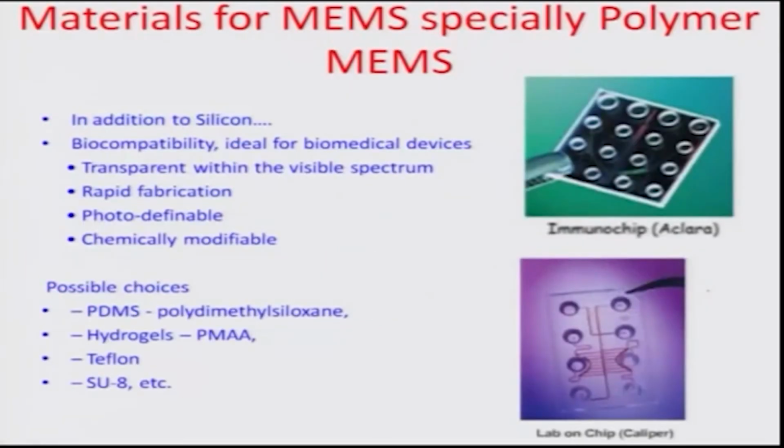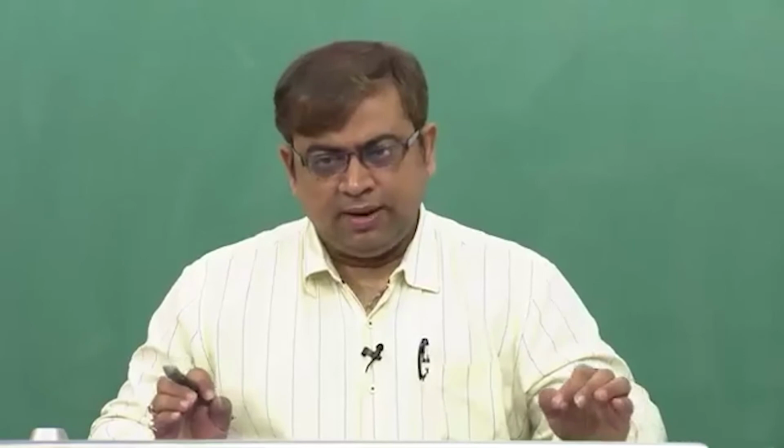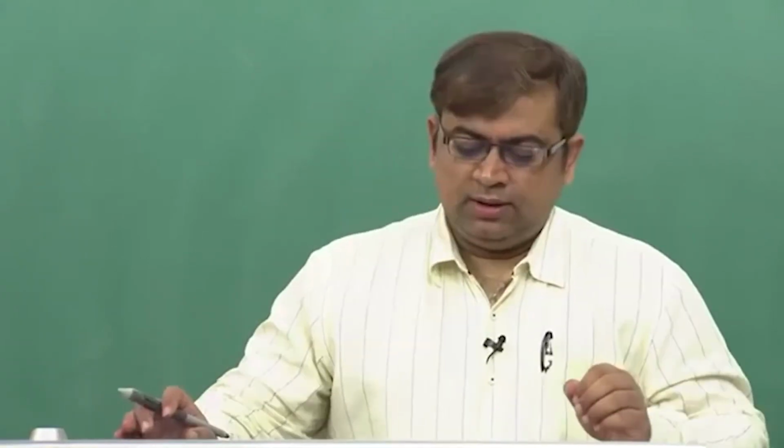So if we look into how the choosing criteria would be defined, obviously biocompatibility is one of the major issues in choosing the polymer material that is to be fabricated for MEMS. It should be transparent, particularly in the visible spectrum, because in some cases we need to transduce the signal which happens within the chip into a different form like an optical signal, which would need complete transparency of the cover which is enclosing the particular organism, and the chemistry around the organism at a small scale.